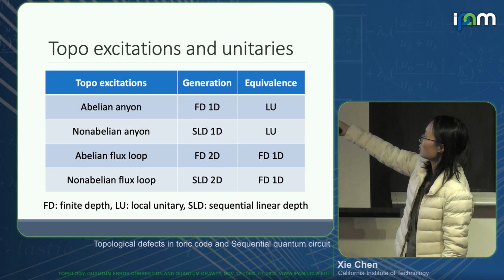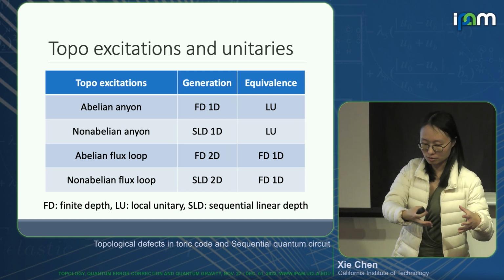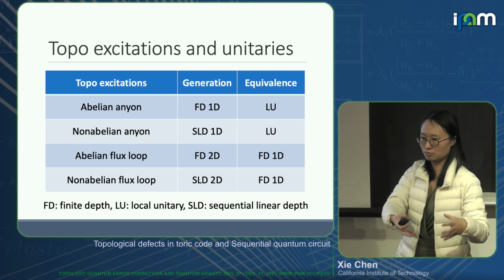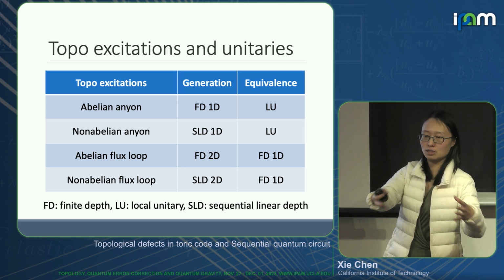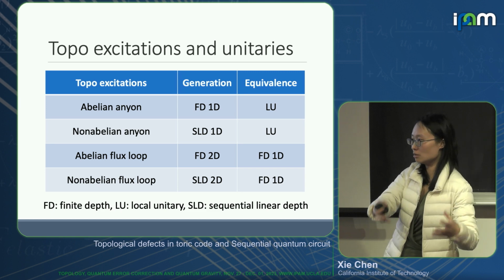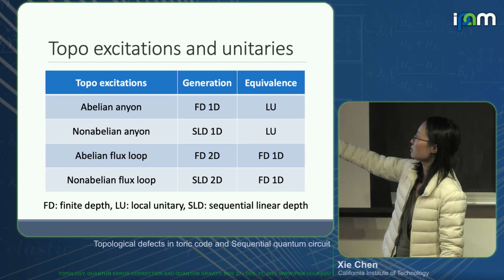And then once the anyons are generated, the equivalence relation among them is just given by zero-dimensional local unitary. That's basically the definition of superselection sector for anyons. Anything that's equivalent up to zero-dimensional local unitary is considered equivalent. Okay?